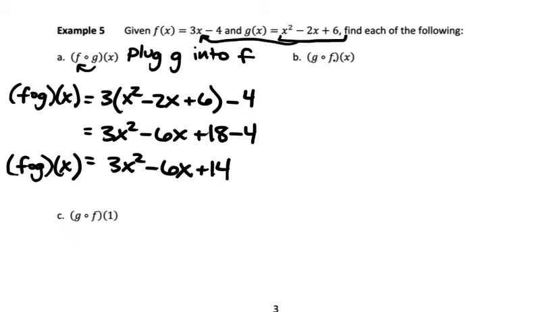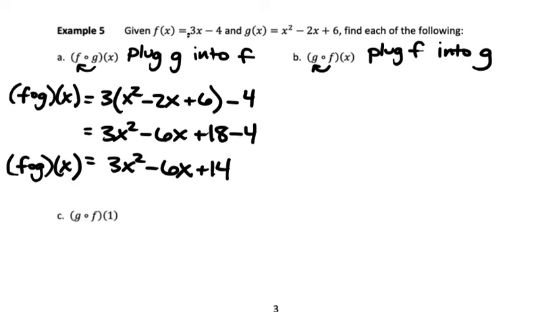Part B is plugging f into g, because the f is the function to the right. So I'm going to switch this. Now I'm taking 3x minus 4 and I'm plugging that into the x's in the g function.